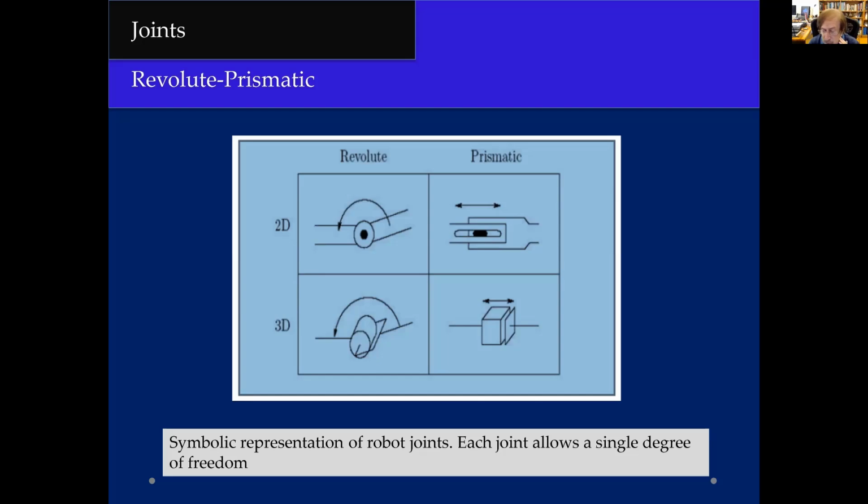One is a natural form, like we have, also called revolute joints. And the second one is a type of joint that we don't have, the prismatic joints. And symbolically, we can simplify their representation. These types of symbolic representations can be used in robotic diagrams.